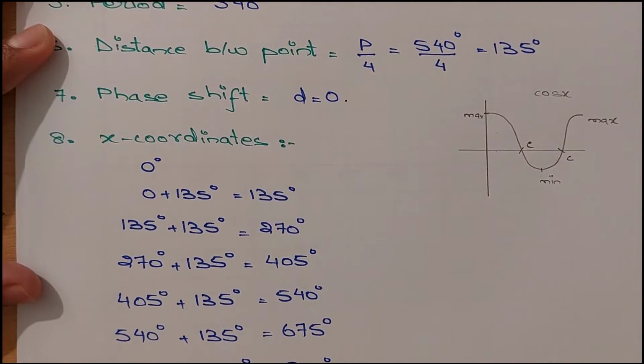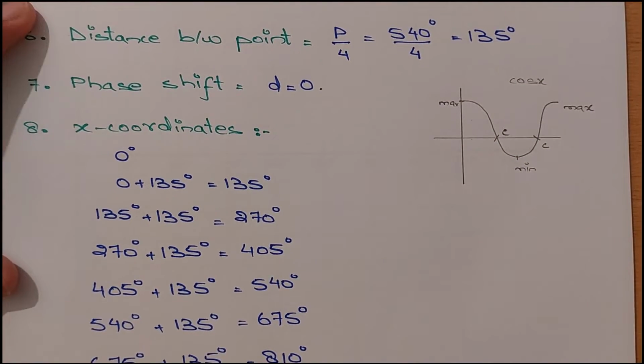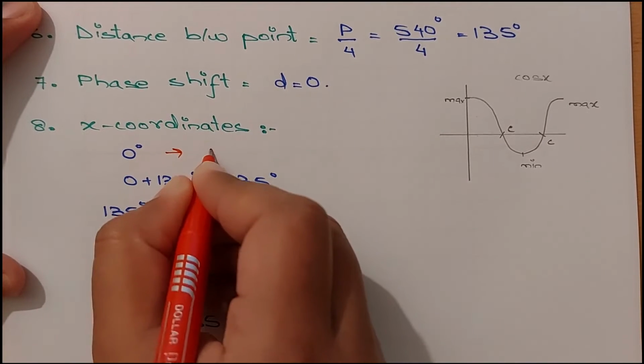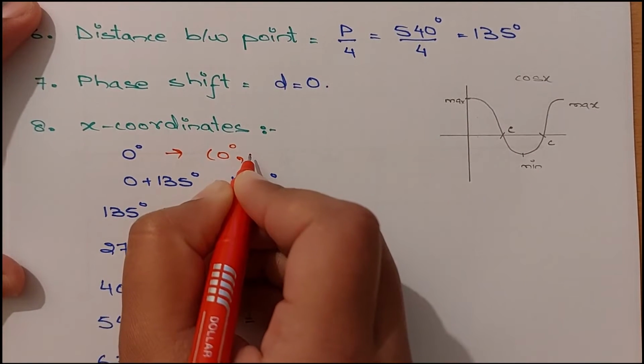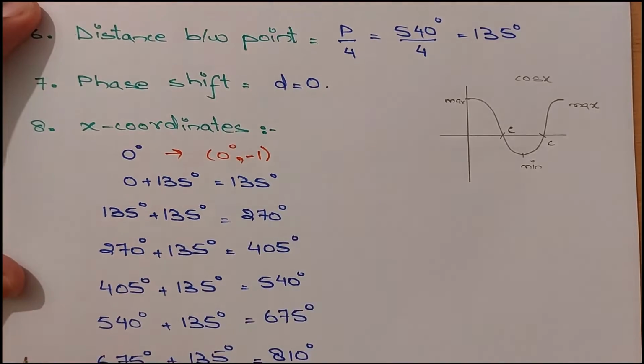Let me write down the coordinates now. The x coordinate is 0 and the y is the maximum, that is minus 1.